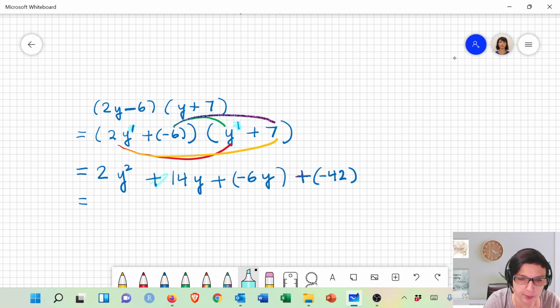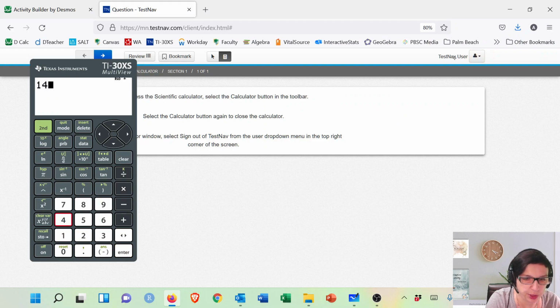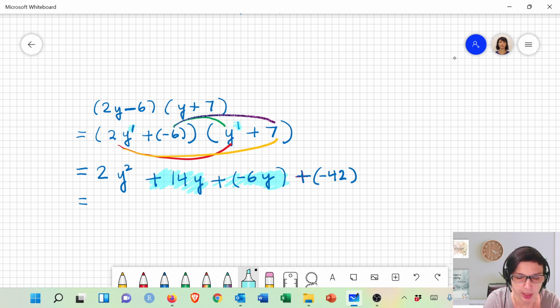I've got plus 14y and plus negative 6y. So first, get rid of the y and just do 14 plus negative 6. That's 8. So then I have 2y squared plus 8y.